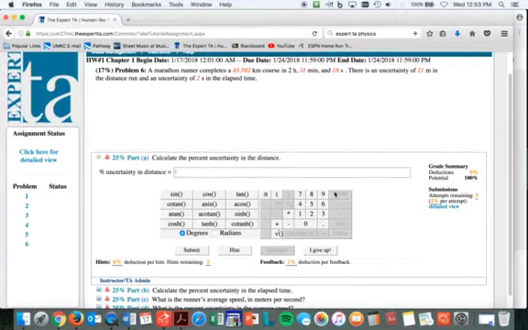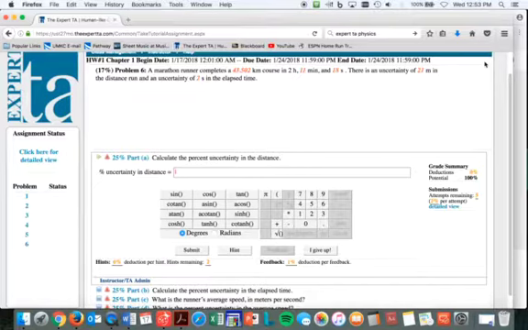Then the second part of the question becomes the uncertainty, because they're going to ask you what their speed was in kilometers per hour or something like that.